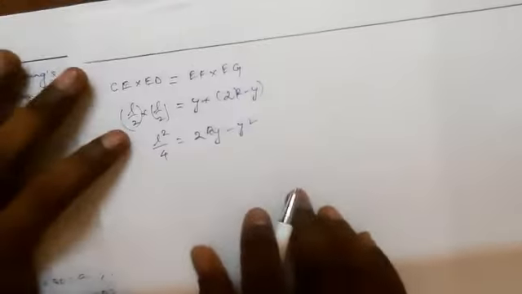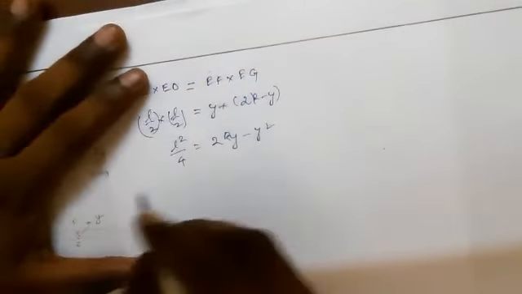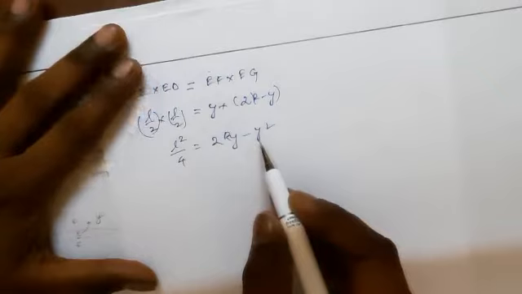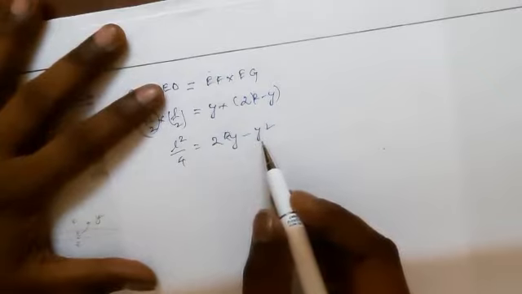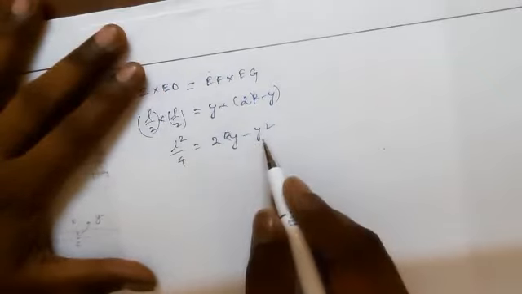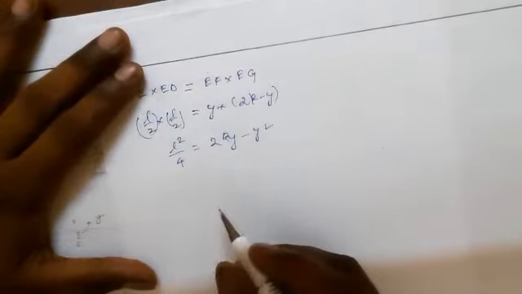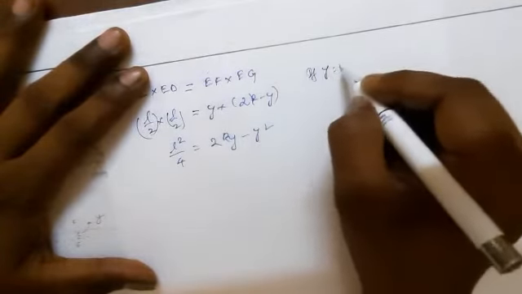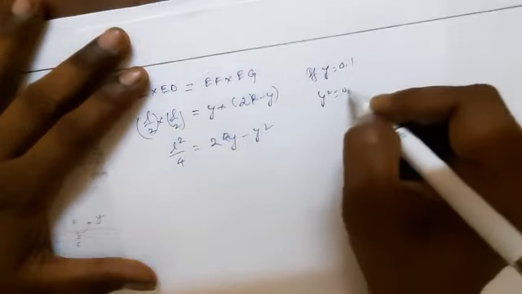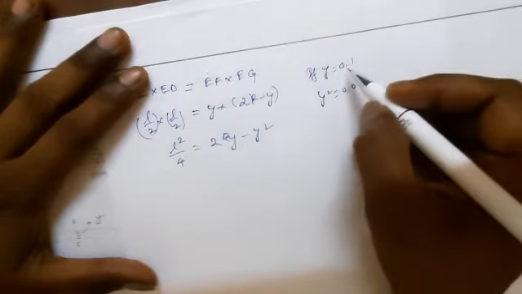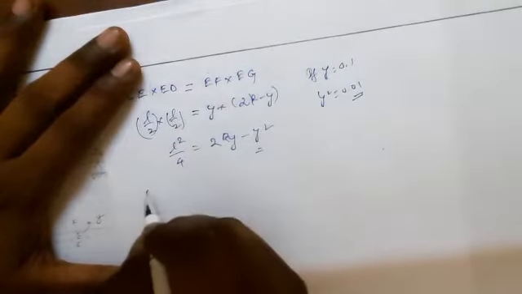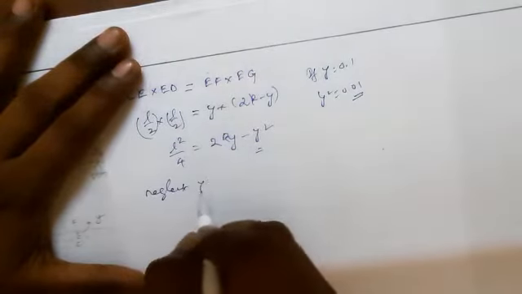2RY minus Y squared. Here, compared to the value of R, the Y value is small. If the Y value is small, Y squared is very small. For example, if Y is 0.1, Y squared equals 0.01. When compared to R, this is a small value. Therefore, we neglect Y squared.